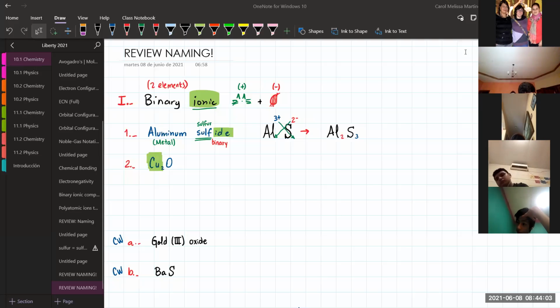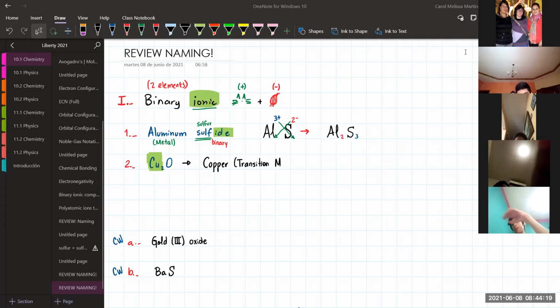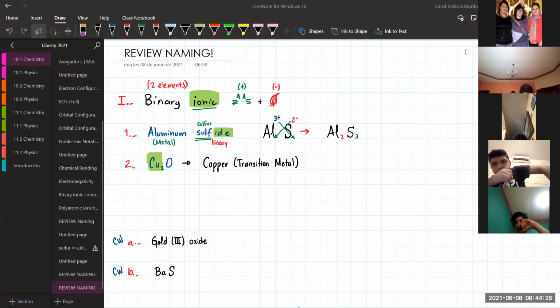That's the first analysis that you have to make: copper is a transition metal. So there are two possibilities for copper: copper 1 plus, and copper 2 plus.